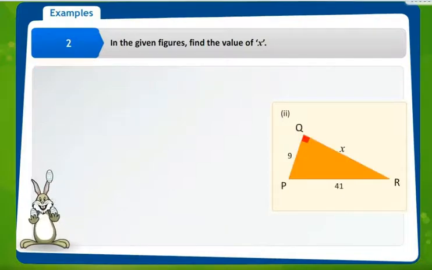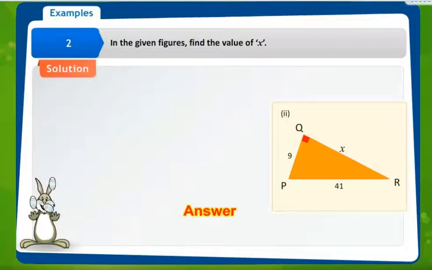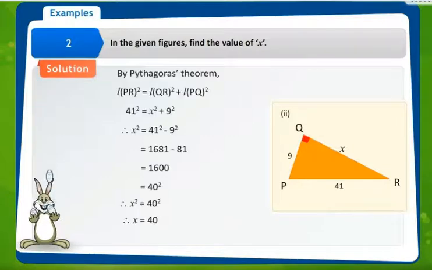This is how Pythagoras theorem is applied. Now in the next sum, again Q is 90. Now hypotenuse is given. We are supposed to find the side. By Pythagoras theorem, length of PR square is equal to length of QR square plus length of PQ square. Now PR is 41, so 41 square.